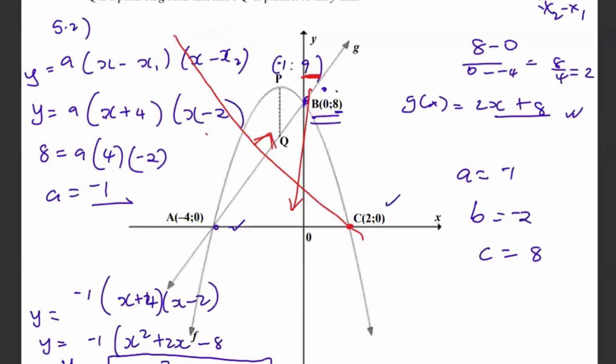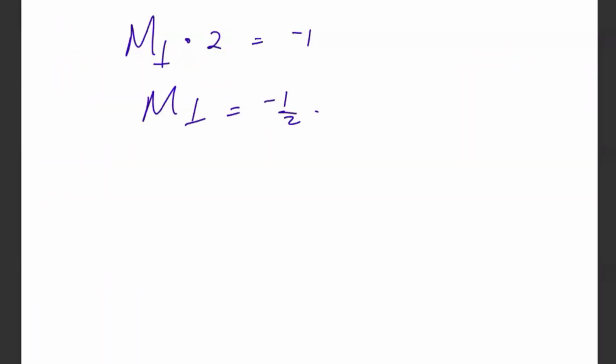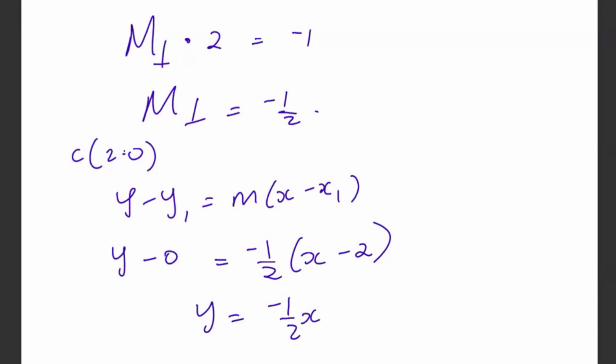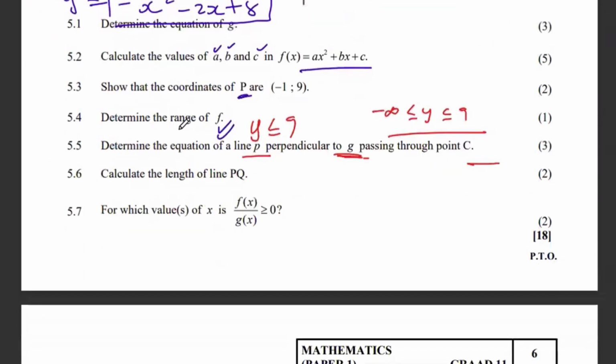Then since we're using 2 and 0, from y minus y1 is equal to m into x minus x1, we're going to say y minus 0 is equal to negative 1/2 into x minus 2. Open this up, so it's negative 1/2 x plus 1. And that's what the question just needed there.